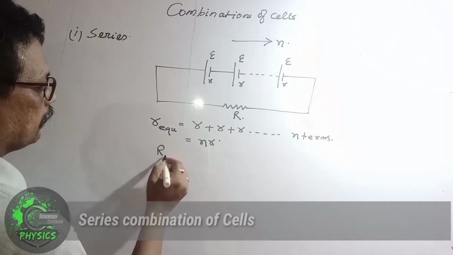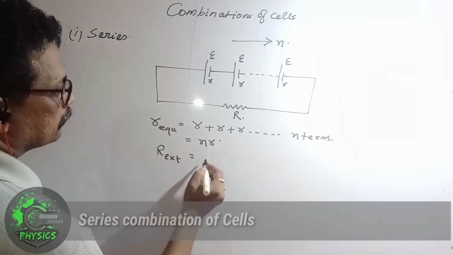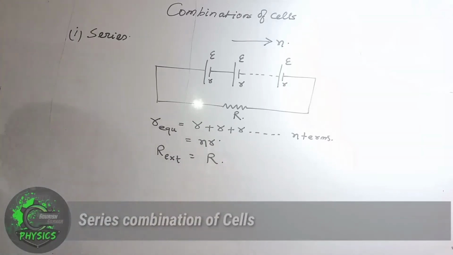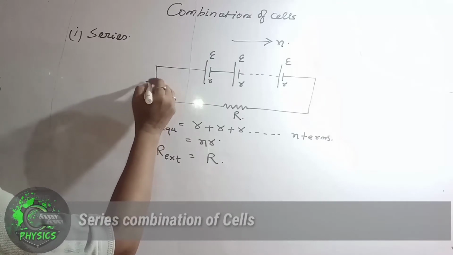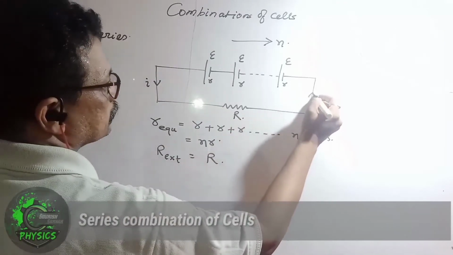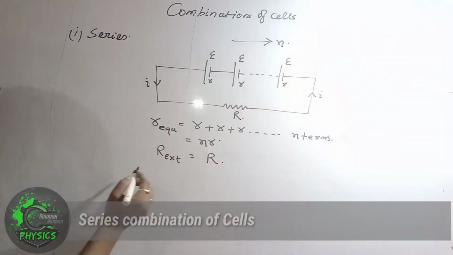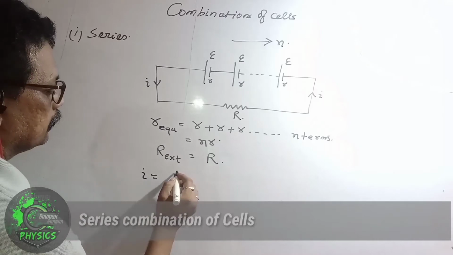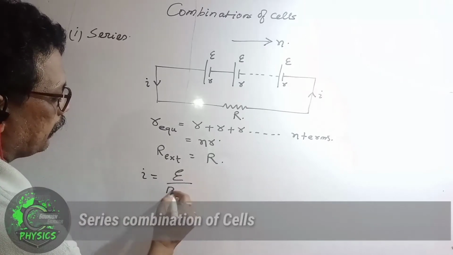And what is the external resistance? External resistance is capital R. If I is the current flowing through the circuit due to this combination of cells, then we have the formula current I equal to E divided by R plus r.